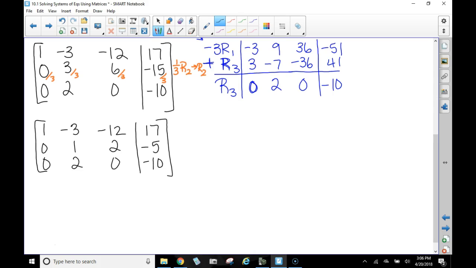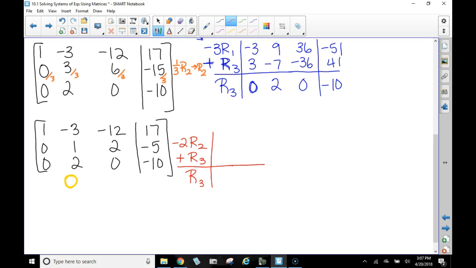My next goal is I want this to be a 0. So I'm going to be able to accomplish that by taking negative 2 multiplied by row 2, and adding it to the row 3 to get my new row 3. That's going to have a 0 down there where I want it to be.